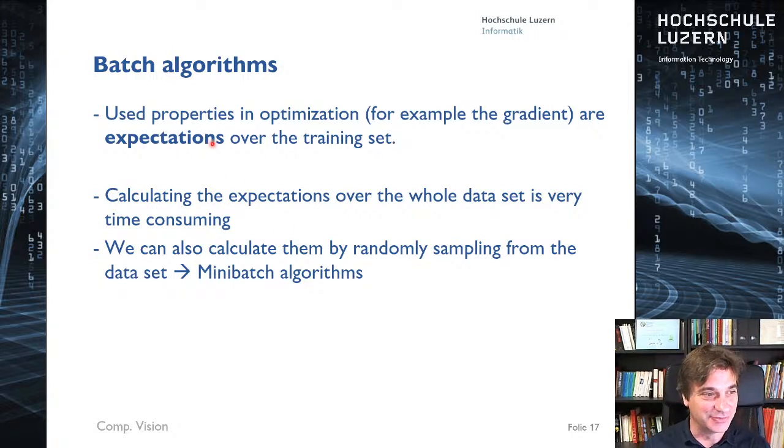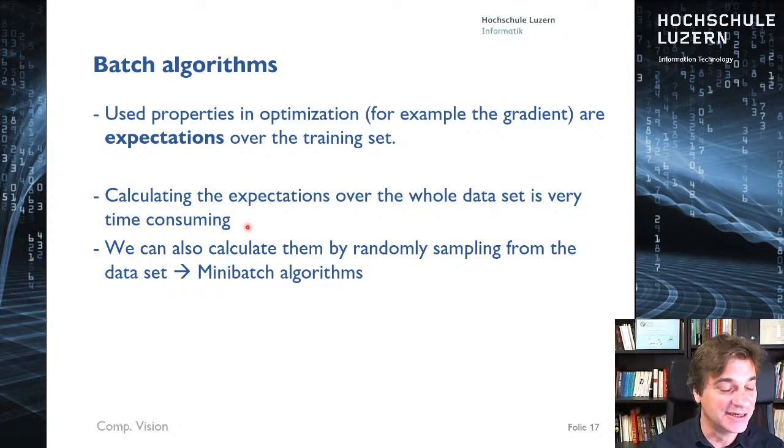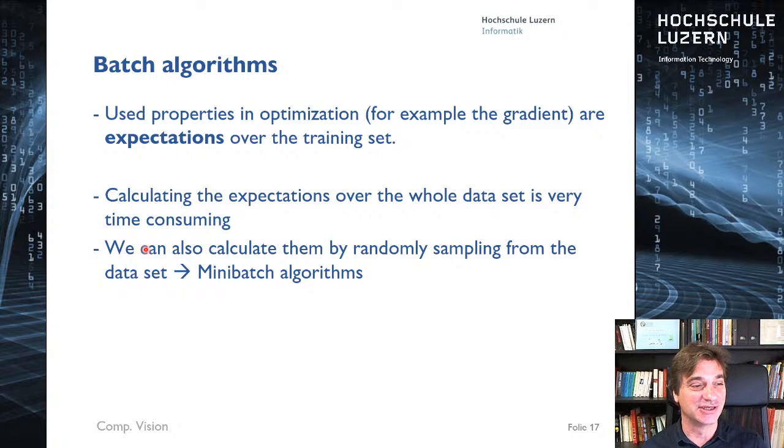So we usually do not want to optimize over the whole data at one time step, even if it would be possible. You're already very familiar with that, but this means what we actually use are so-called mini batch algorithms. At each optimization step, we use a sample from our training set, which comes from one batch. We optimize this batch, and then we take the next sample of the batch size. So it just means we don't need a batch size of the size of the whole data set.